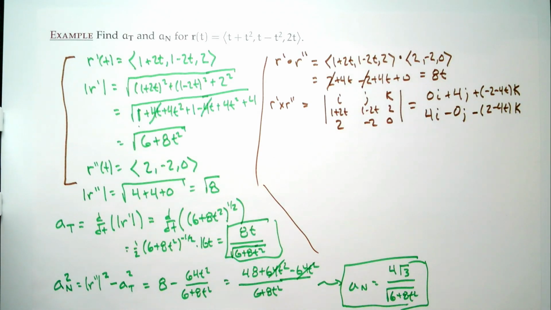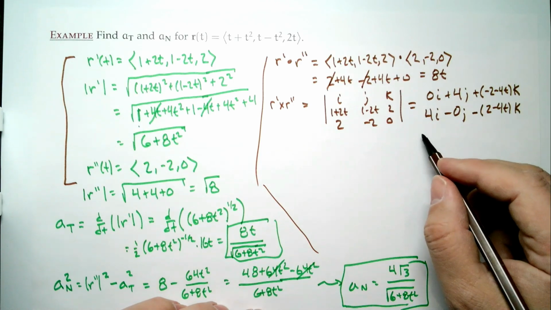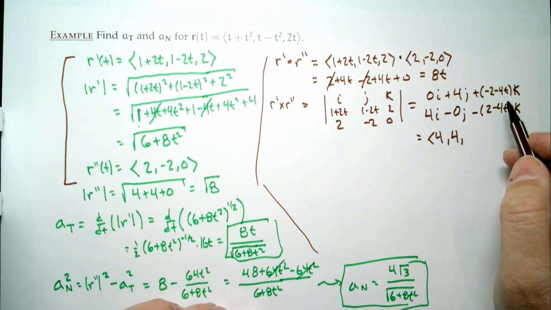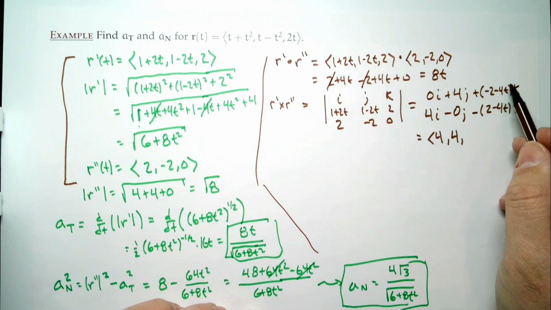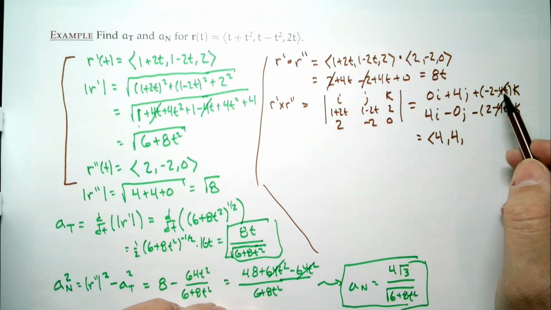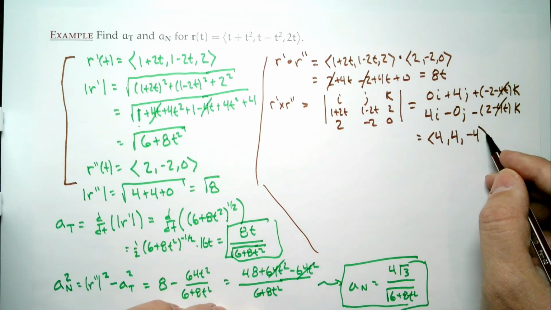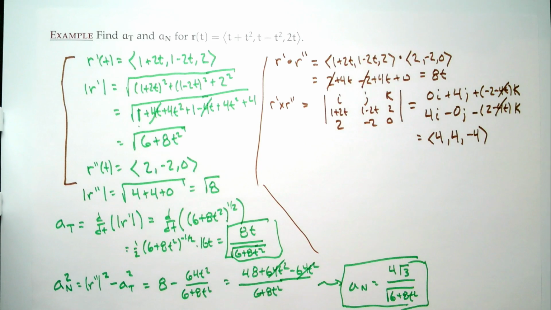All right, so what do we end up with? We end up with 4 in the first entry, 4 in the second entry. In the last entry, the minus 4t's will cancel, and then we have minus 2, which is minus 4. So we get kind of a nice vector, 4, 4, negative 4.